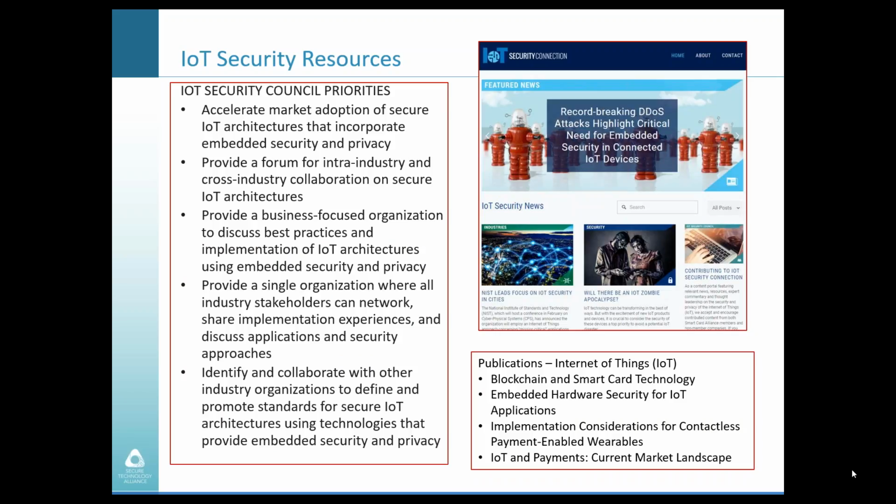These councils attract like-minded companies and individuals to identify and address priorities that will have an impact in accelerating adoption and growing the size of the market, such as focusing on secure architectures that incorporate embedded security and privacy, providing a forum for intra-industry and cross-industry collaboration to discuss things like secure IoT architectures, providing business-focused organizations to discuss best practices and implement IoT architectures, becoming a single voice for the industry to share information and experiences and discuss applications and security approaches, and identifying and collaborating with other organizations to define and promote standards for secure technology architectures.